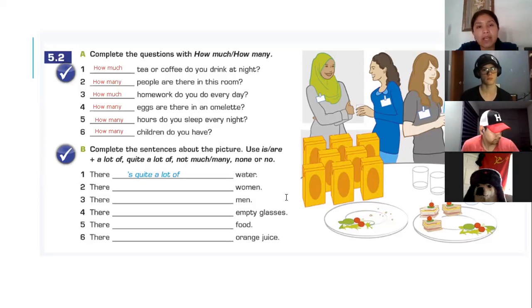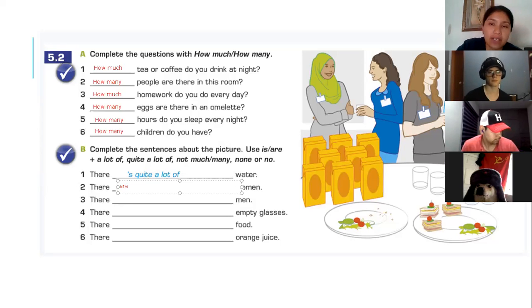Okay, first of all, am I gonna use is or am I gonna use are? Are. Okay, there are. Now, do you consider that this is like a big number of people in this picture, or maybe quite a lot of, or what do you think?